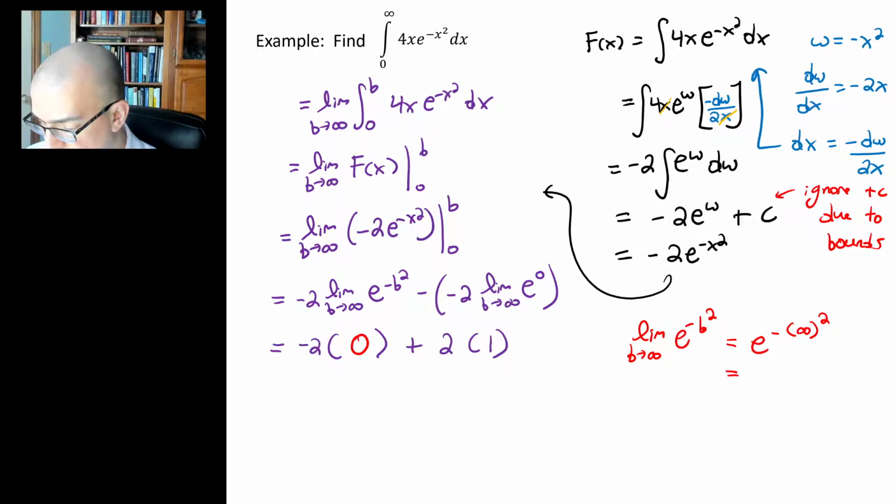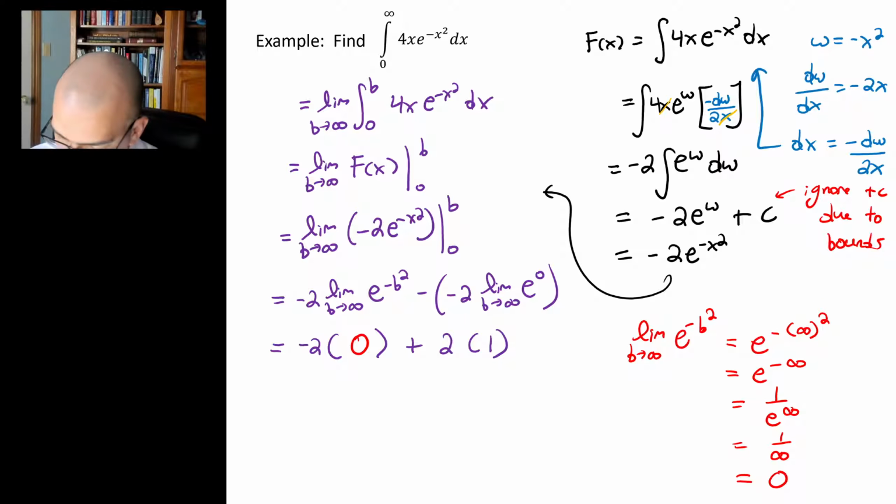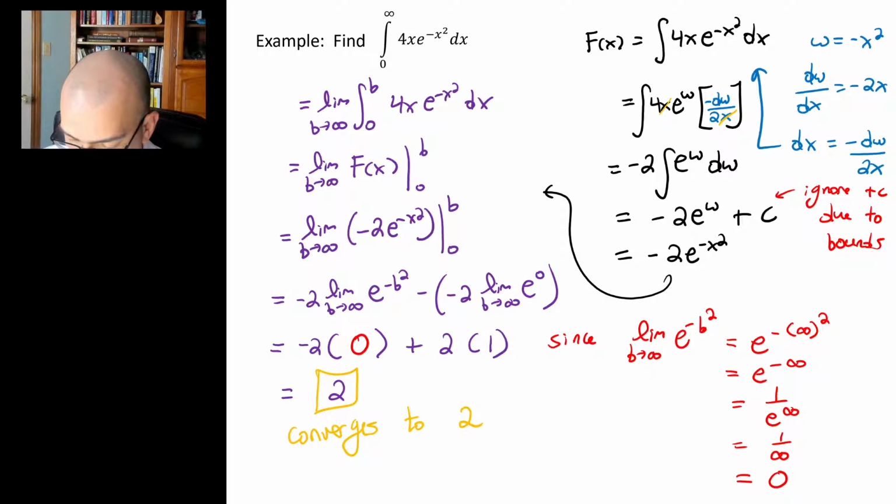Infinity squared is infinity, so I have e to the minus infinity, which is 1 over e to the infinity, which is 1 over infinity, which is 0. Okay, and then we can say that it's equal to 2. And more formally, we would say it converges to 2.